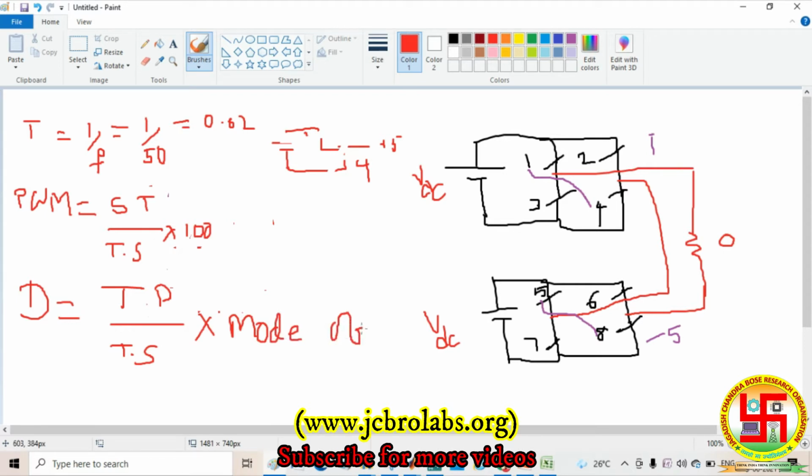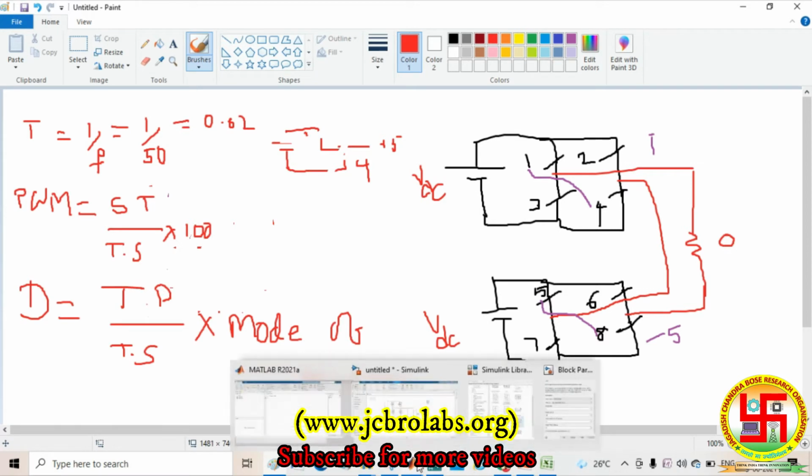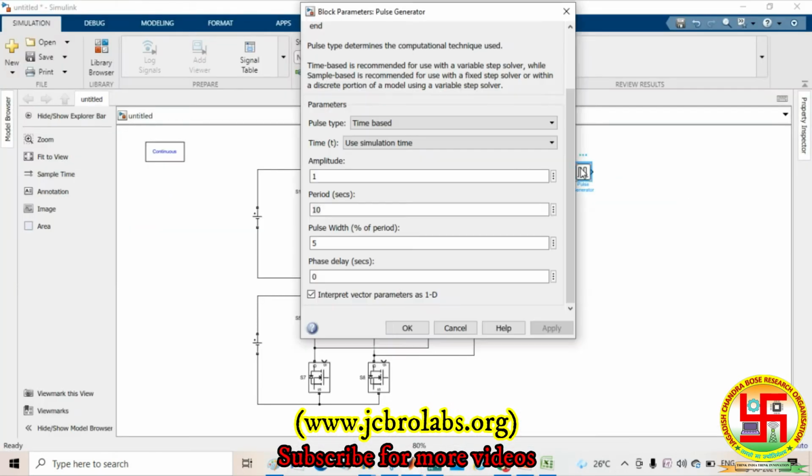Now the time period and amplitude will be common for all these switches. So the amplitude and time period are common; the pulse width and phase delay we need to calculate.